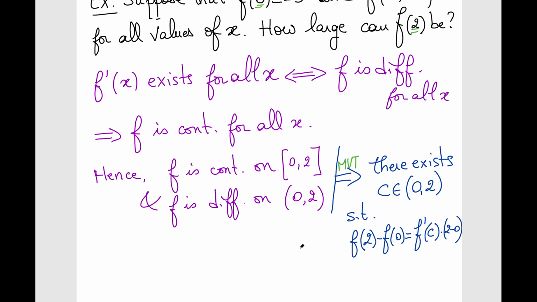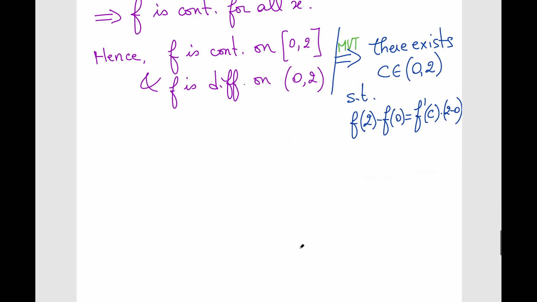This is what the mean value theorem says. That's the conclusion of it.